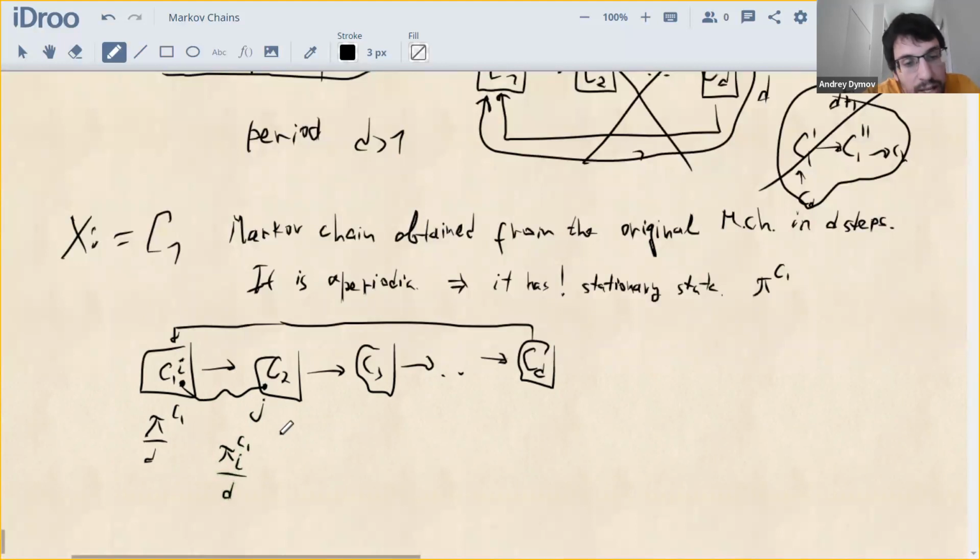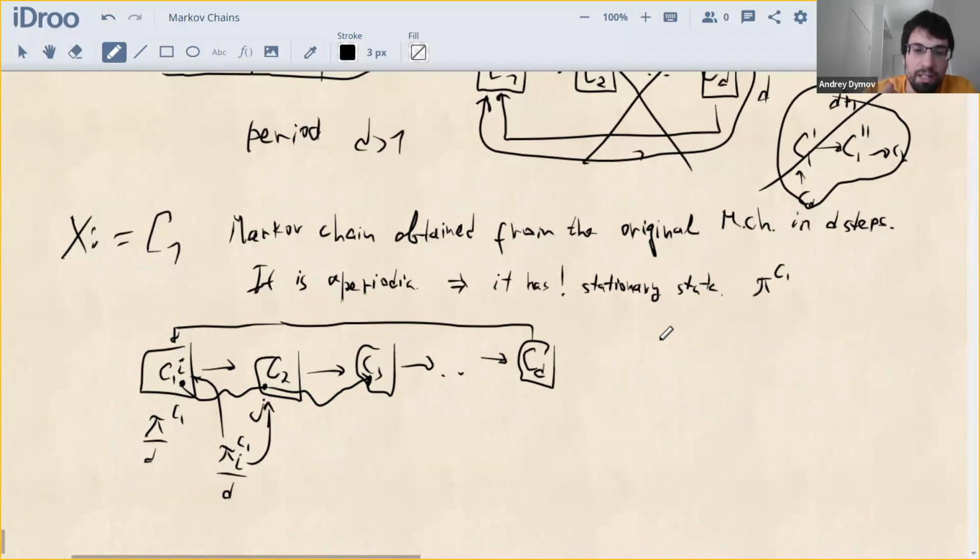And then to J, I assign the same stationary probability. Okay. And then I continue my dynamics like that. So in such a way, I spread this stationary state to the whole chain. And it's easy to see that it will stay stationary.